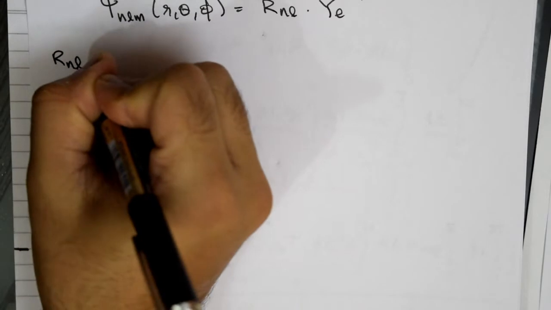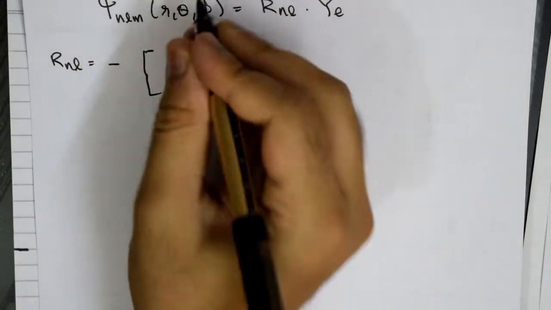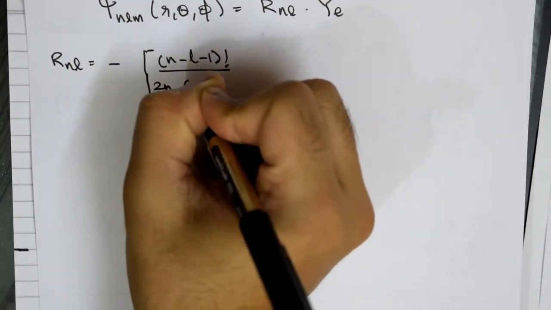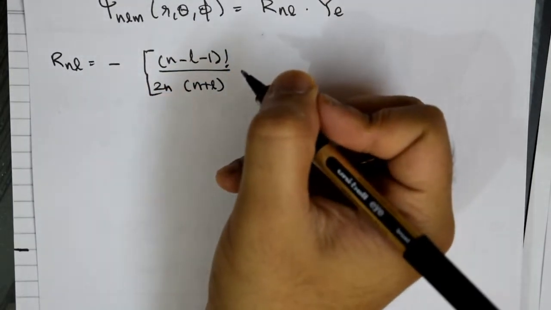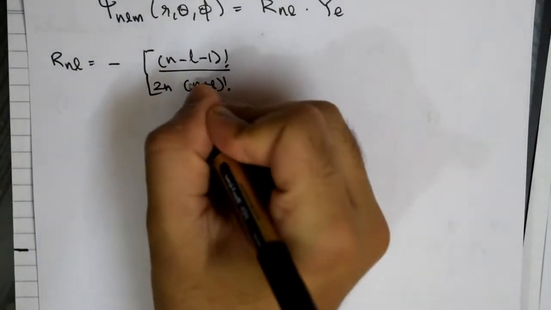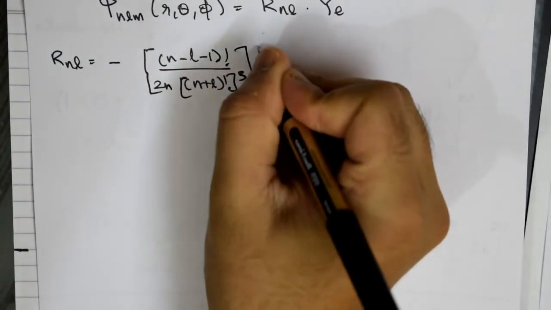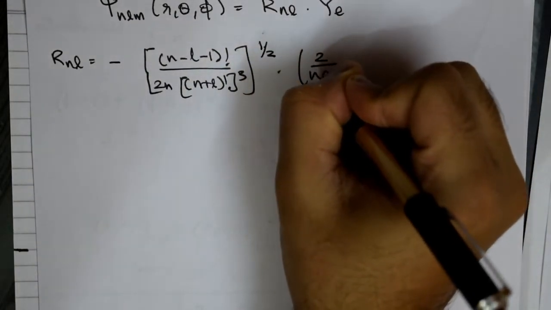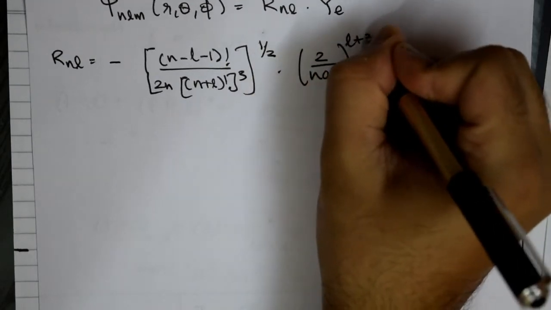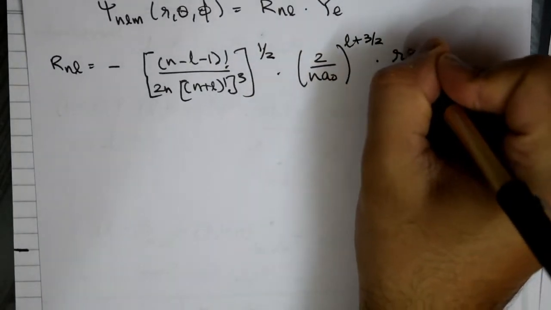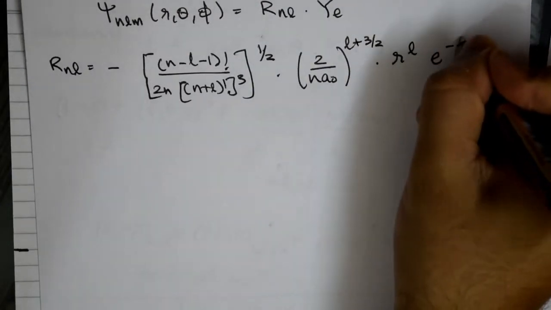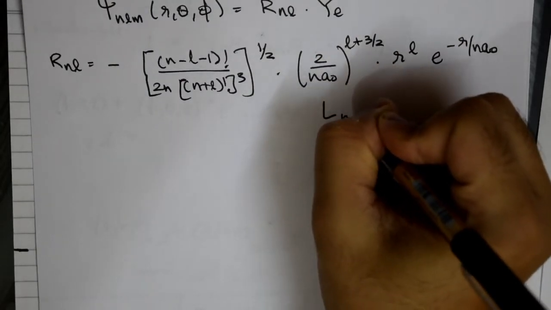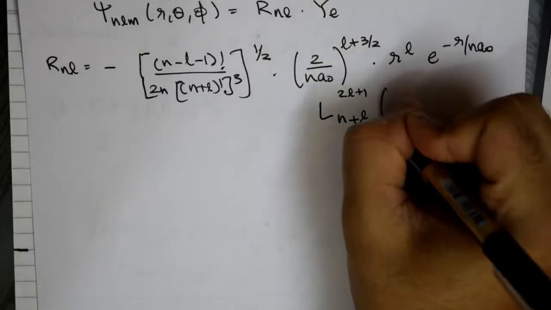given as minus, n minus L minus 1 the factorial divided by 2n times n plus L factorial, the whole cube, the entire power 1 by 2, times 2 by n a naught power L plus 3 by 2, times r power L, e power minus r by n a naught, and the Laguerre polynomials n plus L, 2L plus 1 of 2r by n a naught.